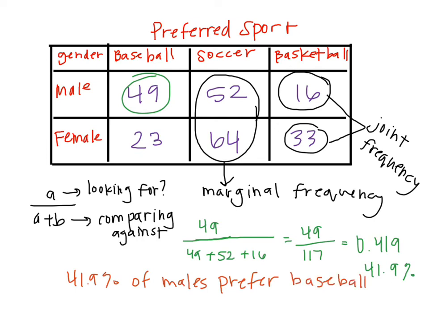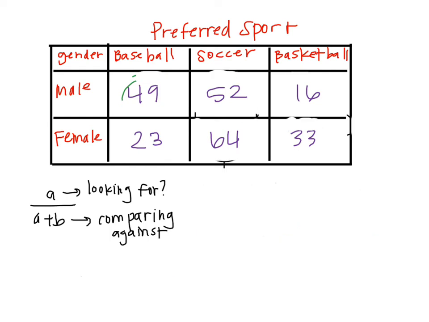Let's say I want to know how many people who prefer soccer are female. So if I'm looking at people who like soccer and I'm looking at females, this is the number that I'm looking for, the 64.